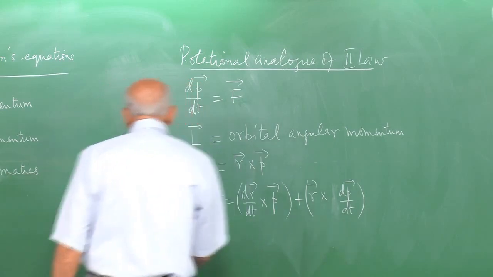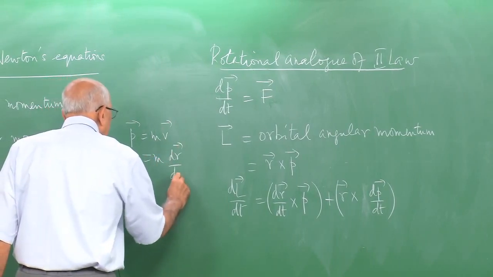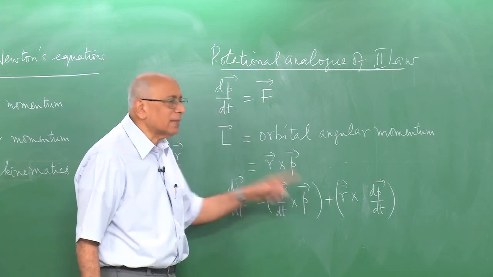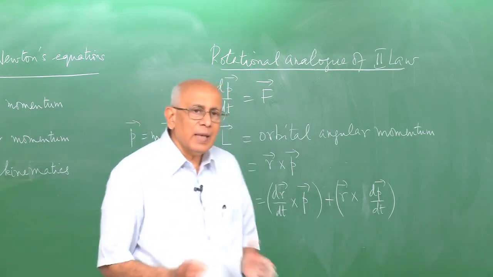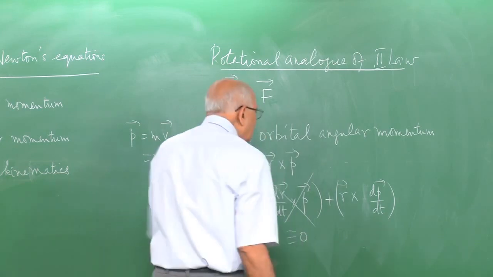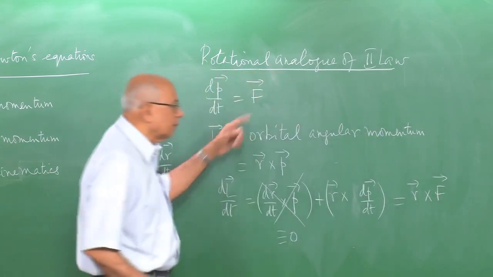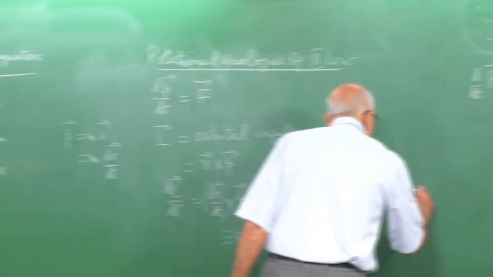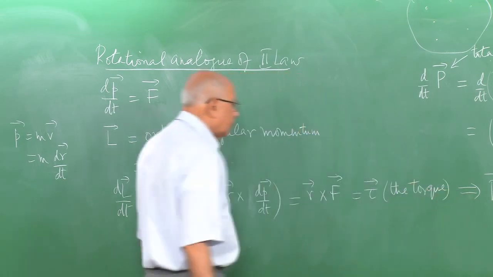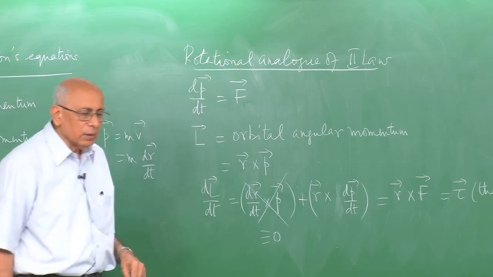So essentially p equal to mv equal to m dr over dt, and what we have here is a situation where dr over dt, the velocity, cross product with itself, but the cross product of a vector with itself is 0 because the angle between the two vectors is 0, and therefore this term is identically 0, and you are left with r cross dp over dt, but that is equal to r cross the force on the body by the second law of motion, and this is what you call the torque.